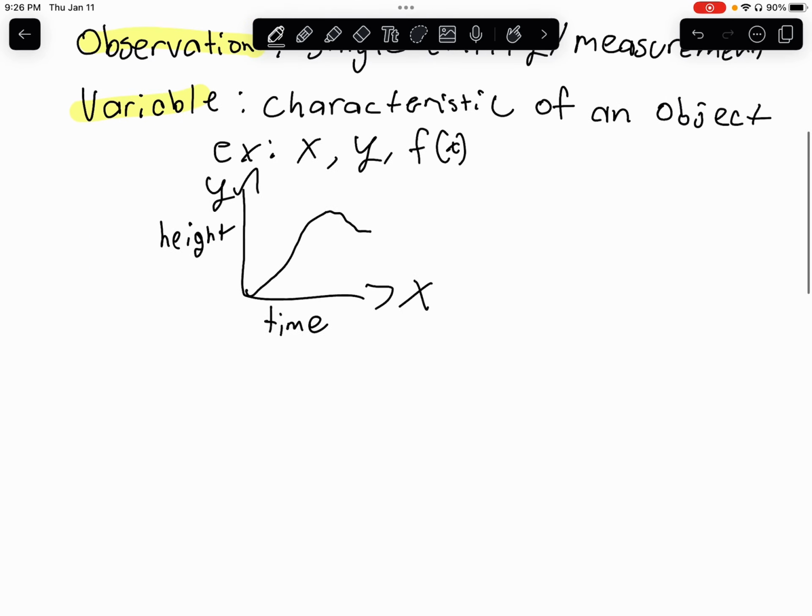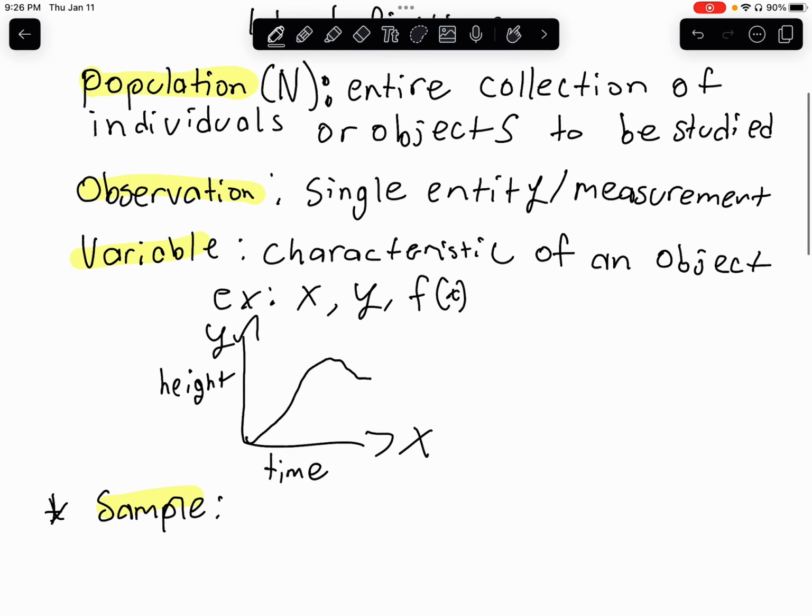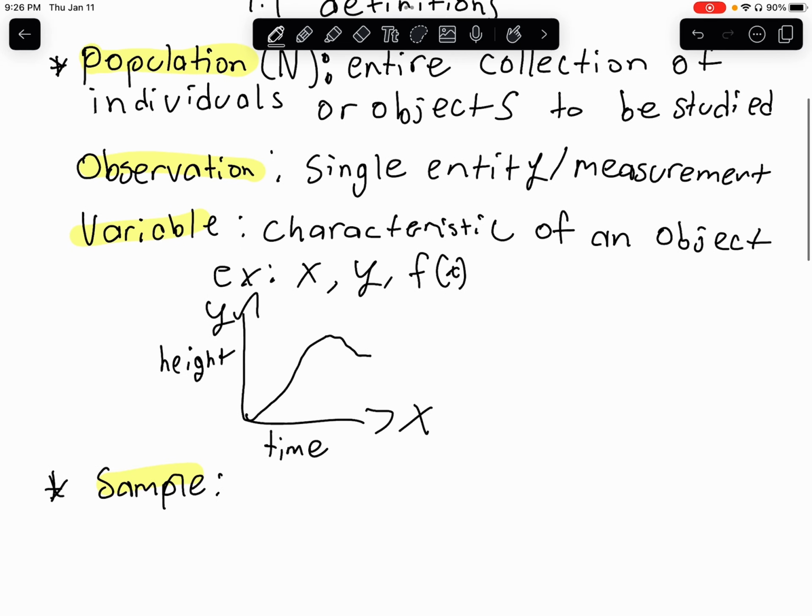And our last one is our sample. This one's very important. I'm going to explain how our population and our sample relate to each other.